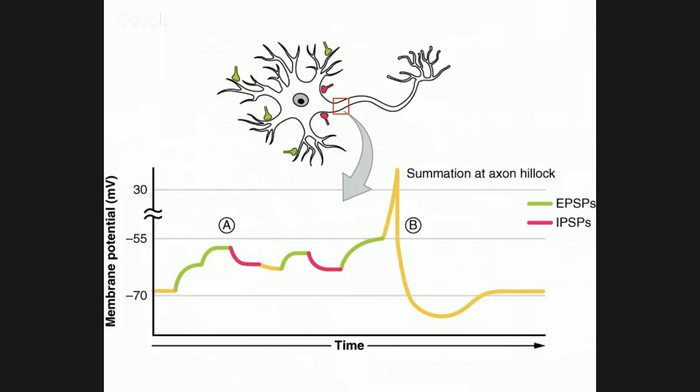A hyperpolarizing graded potential at a synapse is called an inhibitory postsynaptic potential. Those two events can add up, summate, at the target neuron and hopefully reach threshold, causing the action potential at the axon hillock.